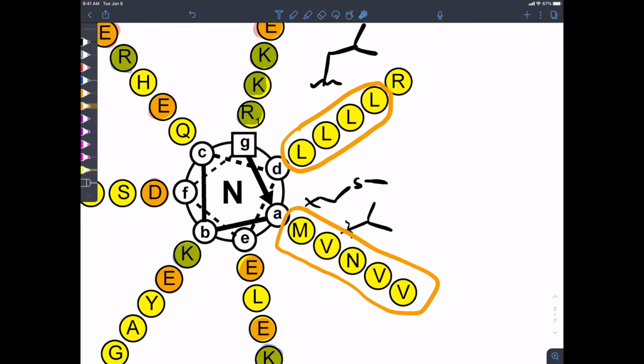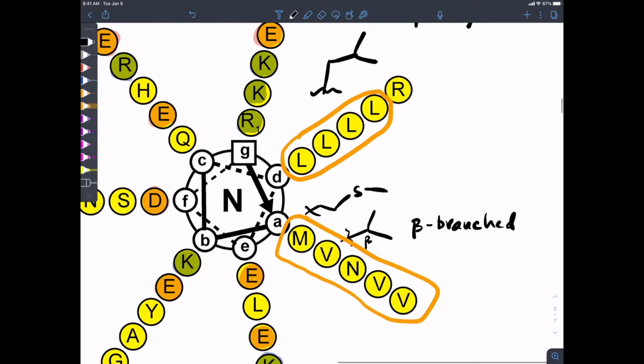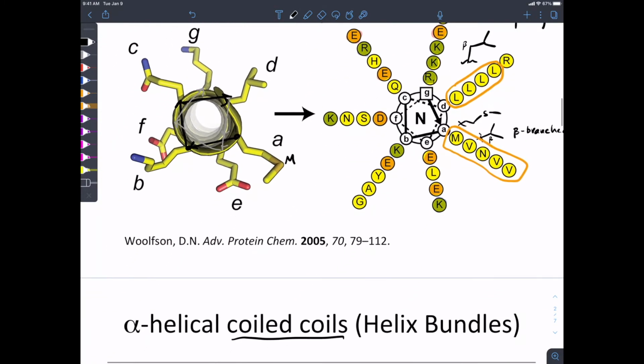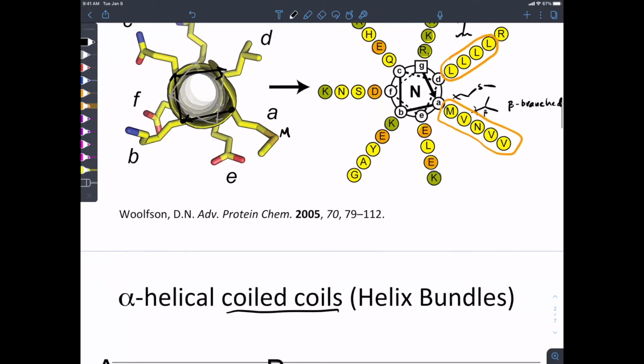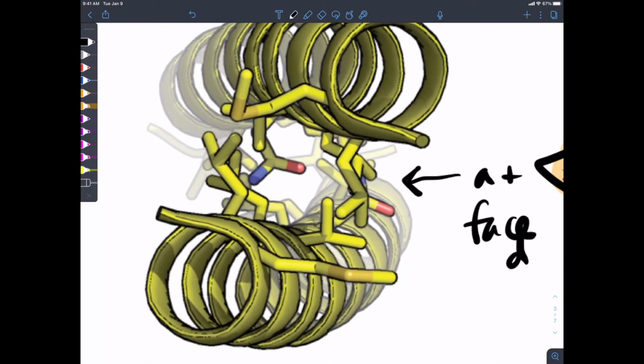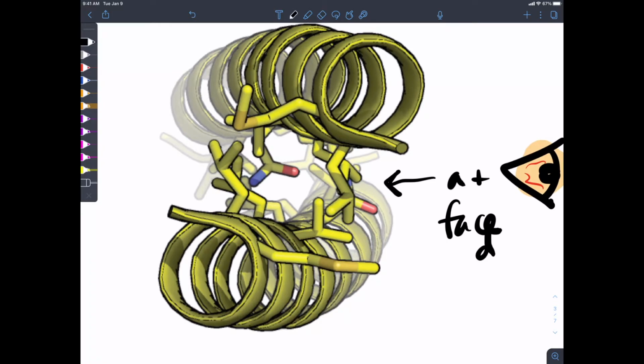And we said that valine is a beta-branched amino acid, meaning that at the beta carbon there's a branch point. Whereas leucine is not beta-branched; at the beta carbon it's just a CH2 group. And that looks like it's significant in the structure of the protein.